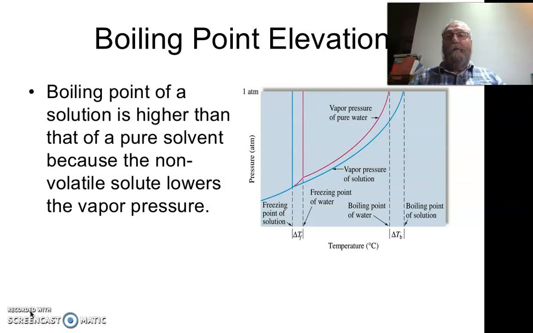The overall effect is elevation of boiling point and depression of freezing point. That is a concept you need to understand, and this slide is one worth dwelling upon and thinking about so that you understand the concept.